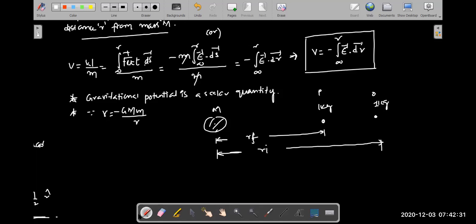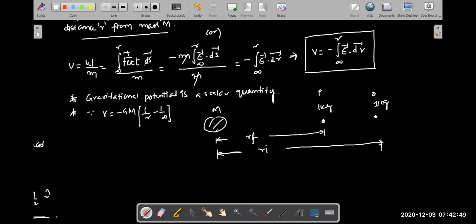We have written this quantity as minus G capital M times 1 by r, that is 1 by r minus 1 by infinity, right? That was the potential at a point P at a distance r.